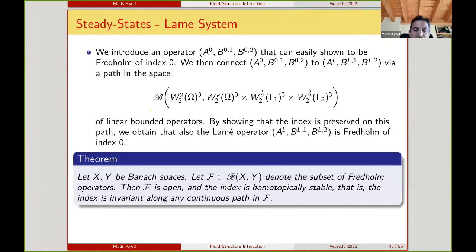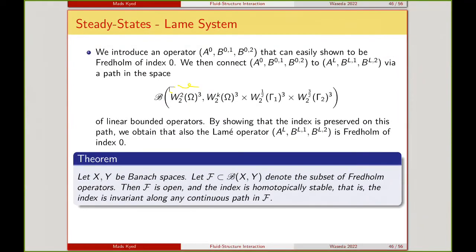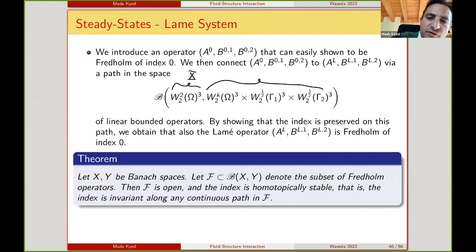When you have two Banach spaces X and Y, and an open subset of Fredholm operators in the space of bounded operators from our Banach space X to Y. So obviously my Banach space X is, in this case, V2,2, and my Banach space Y is the corresponding canonical Banach space for the right-hand side of my problem.